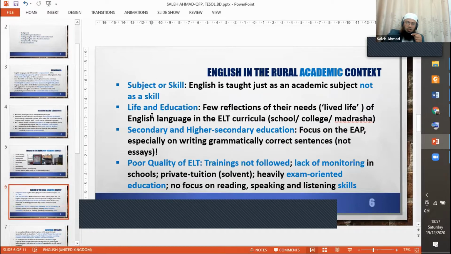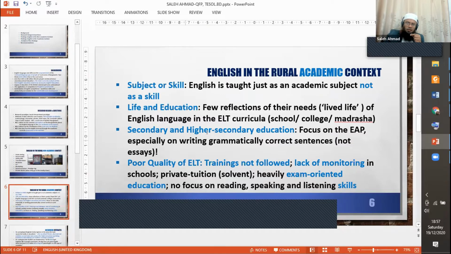So this is a selected area of Eastern Bangladesh. I forgot to mention this at the beginning. In the academic context, this is not actually different from other rural areas of the country. English is taken as an academic subject, not as a skill.